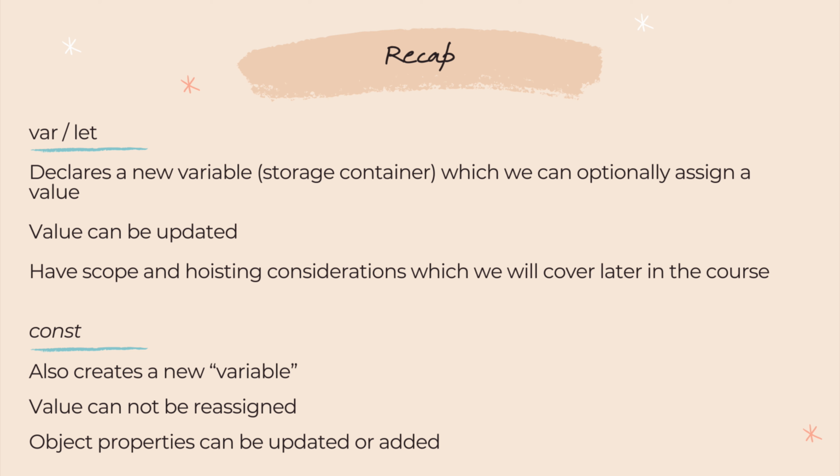There are also some scope and hoisting considerations, which we'll cover later on in the course when we have a little bit more understanding. When using the const keyword, this will also create a new variable or storage container, but the value cannot be reassigned. As a beginner, it can also be confusing when using const and an object, because object properties can be updated, or we can also add new ones too.